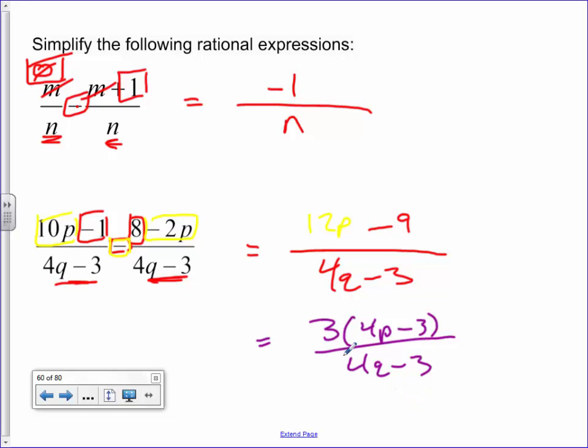Why not? Because it's q and p. See how this one's a 4p minus 3 and this one's a 4q minus 3? If they were the same, you could cancel them. I think I made this question to illustrate that these can't cancel because they're not exactly the same, but they could if you made a slight change.